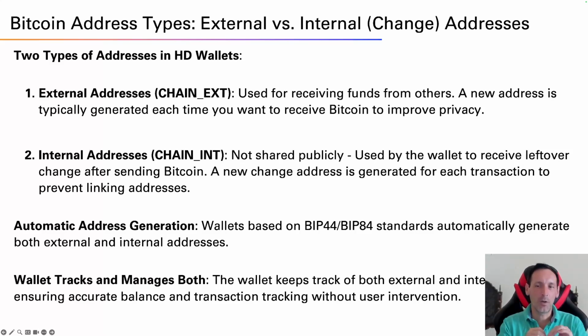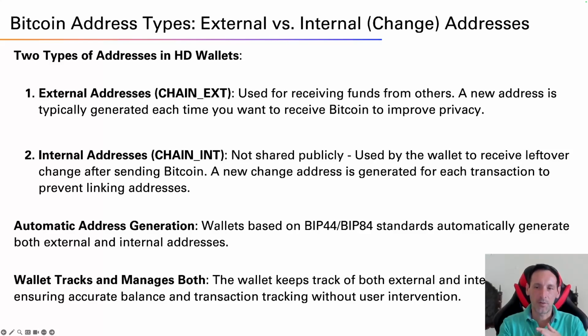On the other hand, when you send Bitcoin and have leftover change from the transaction, the wallet generates an internal address from the internal chain, the chain underscore int. These change addresses are not shared publicly and are used to receive the leftover funds from a transaction. A new change address is generated each time to enhance privacy.